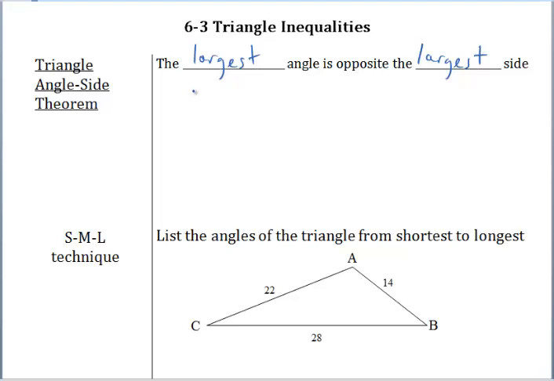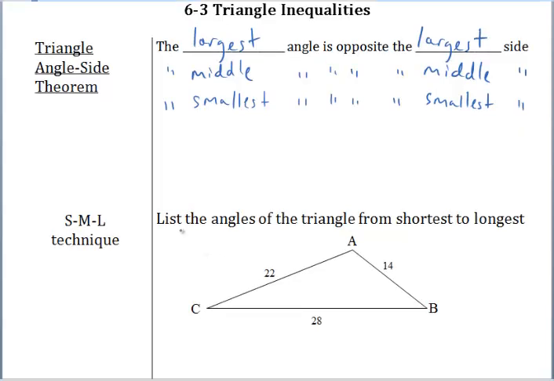It's also true that the middle angle is opposite the middle side. Okay, and then these little symbols here just mean the same thing as above. Guess what? The smallest angle is what? What do you think? Opposite the smallest side.